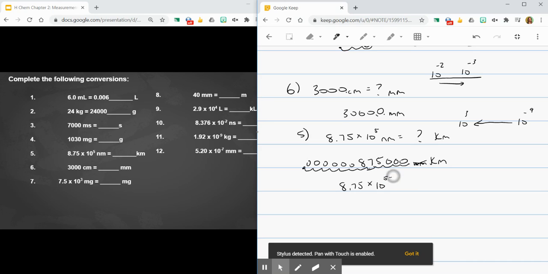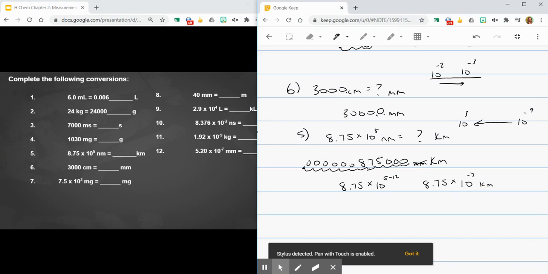That's like subtracting 12 from right here. So 5 minus 12, I'm going to get 8.75 times 10 to the, I believe it's negative 7, and I can double check over here by seeing how many places I would have to move it to undo this. So 1, 2, 3, 4, 5, 6, 7 is correct.